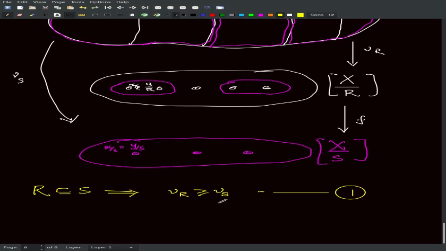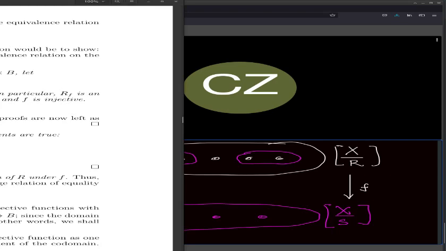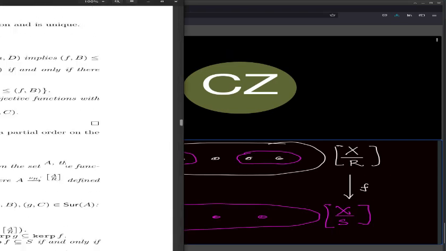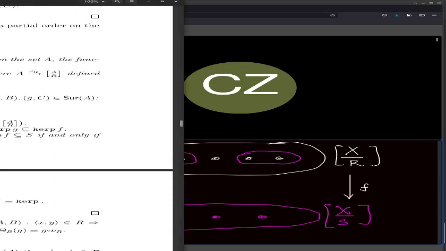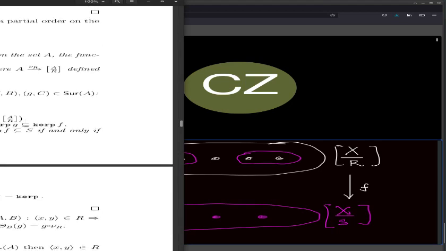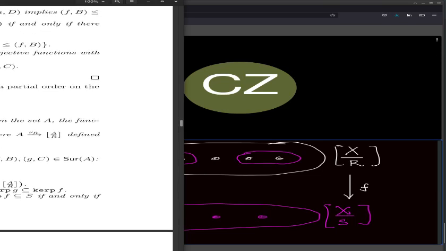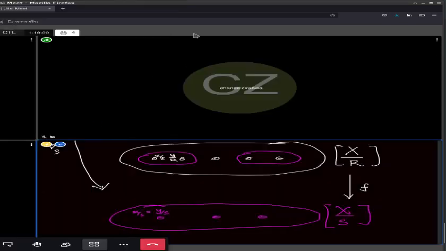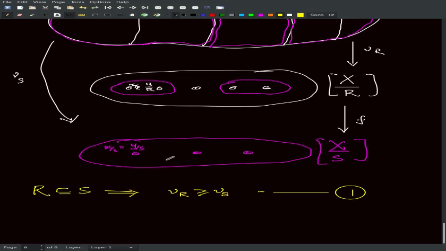I will take another route. I think I developed that later on. Okay. Now I'll do the other side.